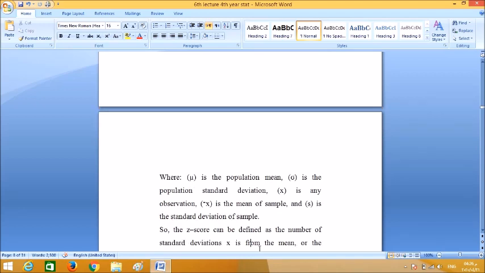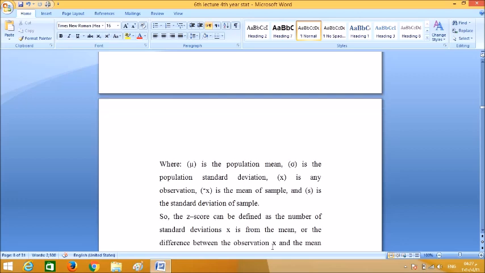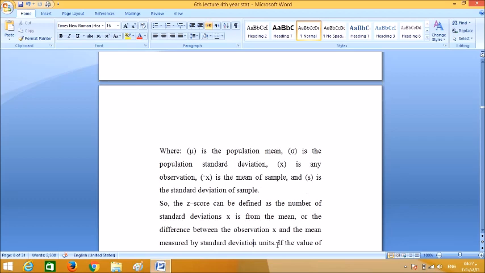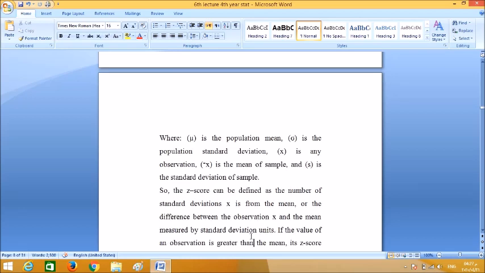So the z-score can be defined as the number of standard deviations x is from the mean, or the difference between the observation x and the mean measured in standard deviation units.